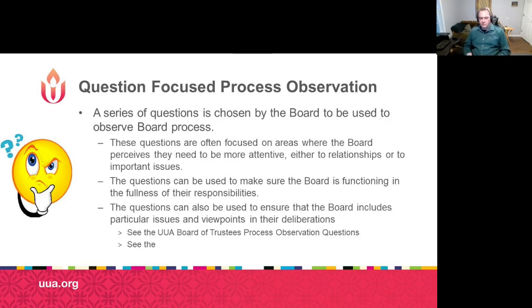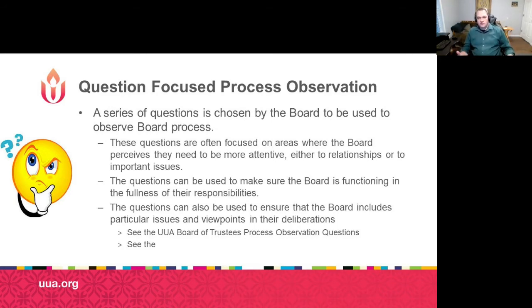For a while, the UUA Board of Trustees had a set of questions for their process observation that really focused on how the board was engaging diversity of viewpoint, both in centering marginalized voices within the UUA Board of Trustees, but also how they managed when there was a dominant viewpoint among the board, how they managed making space for all alternative viewpoints to that dominant viewpoint.